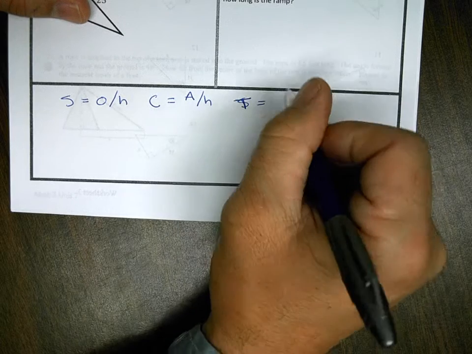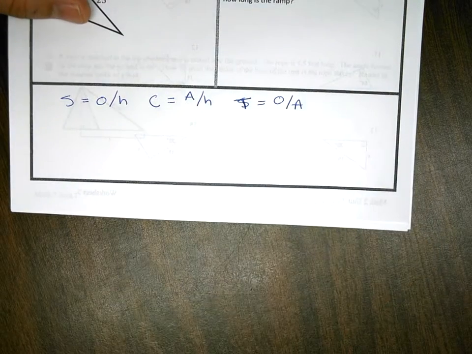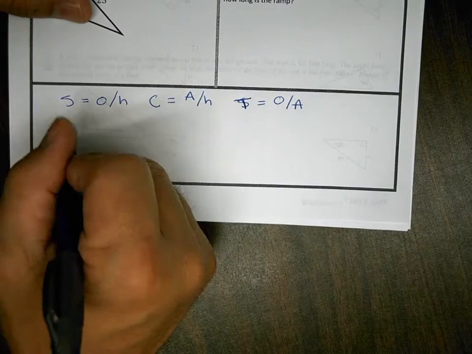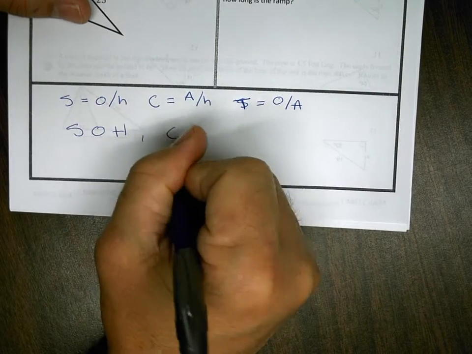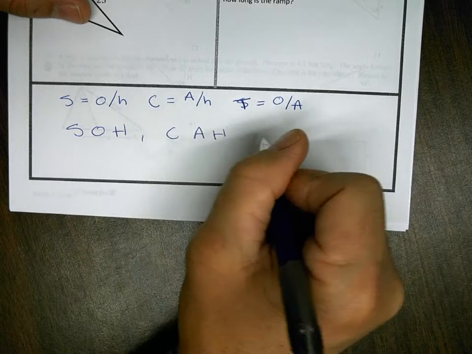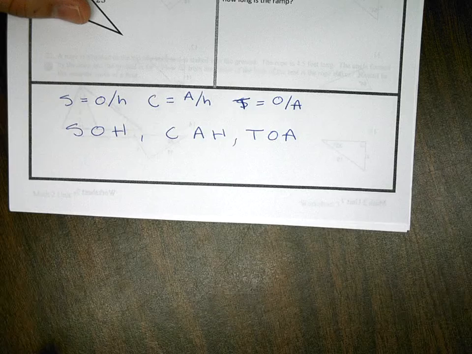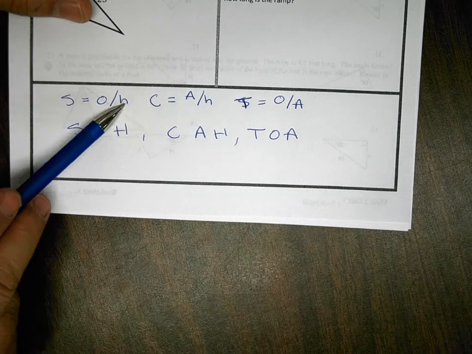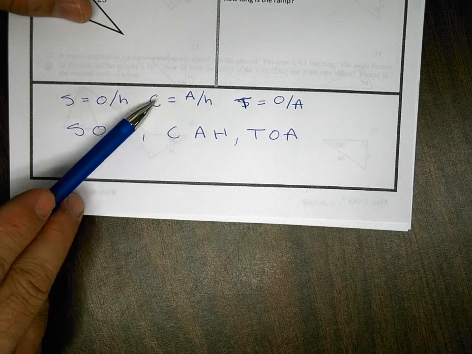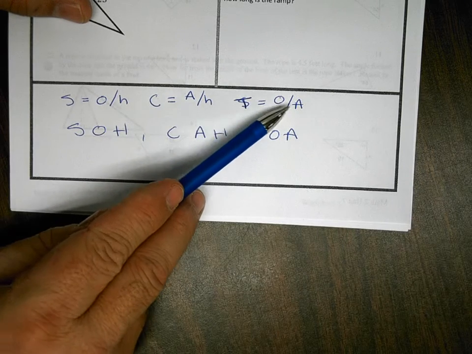is opposite over adjacent. And what we spell there is SOH, CAH, TOA. Does everybody see how I came up with SOHCAHTOA? Sine is opposite over hypotenuse, cosine is adjacent over hypotenuse, and tangent is opposite over adjacent.